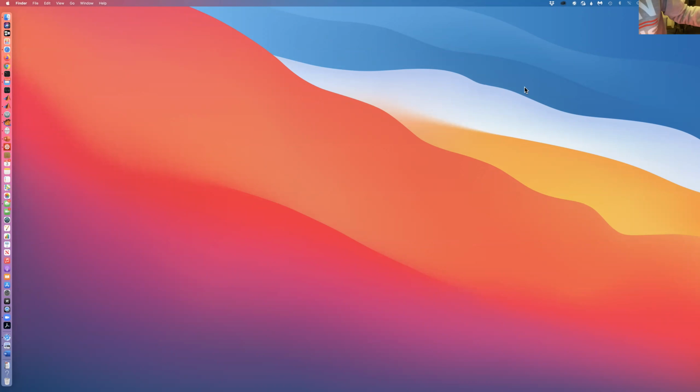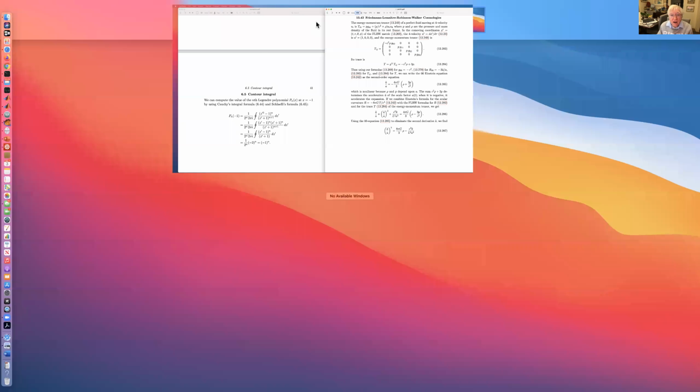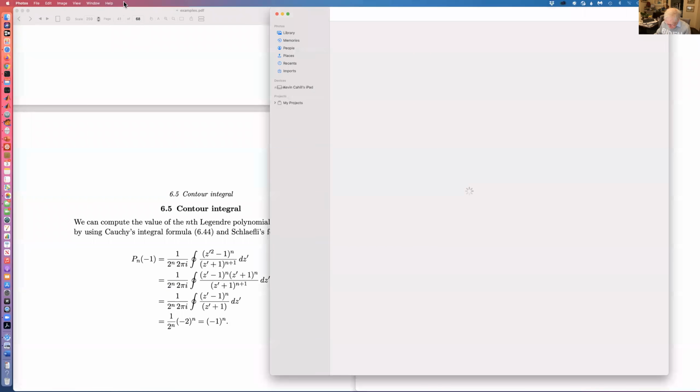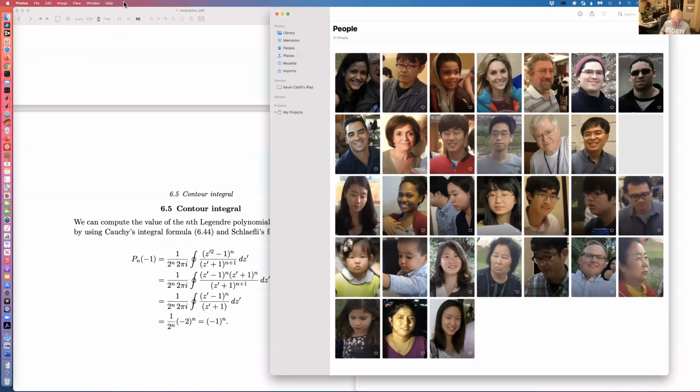So now I can connect the iPad. Okay, so I've got the iPad connected.